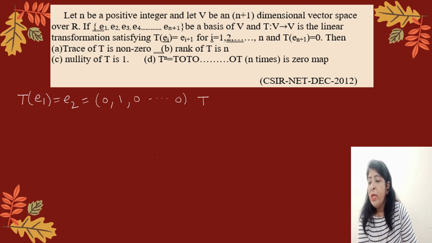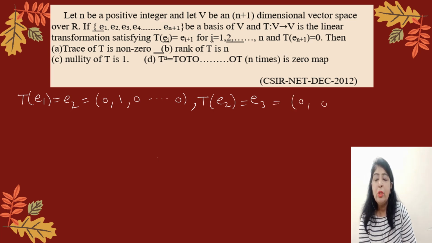Then T of E2 is equal to E3, which is equal to 0, 0, 1 and so on 0.